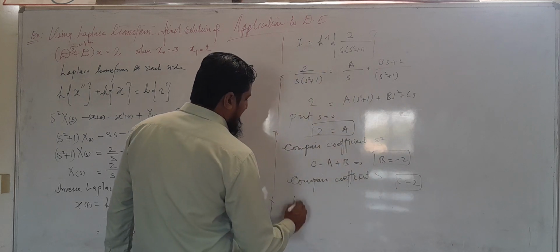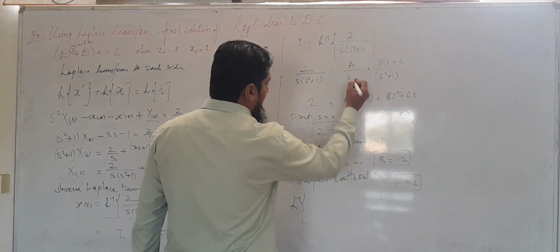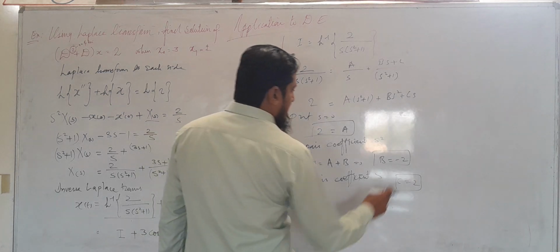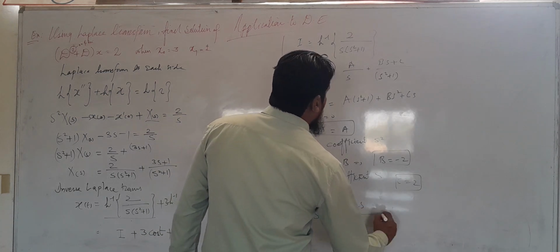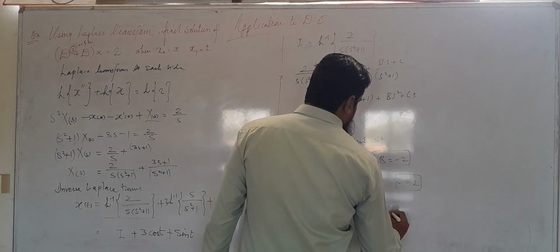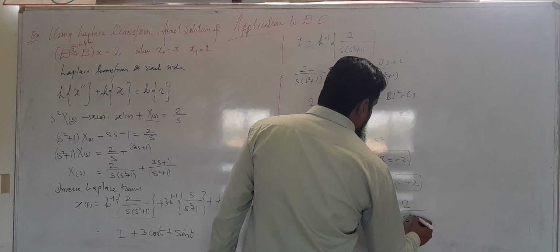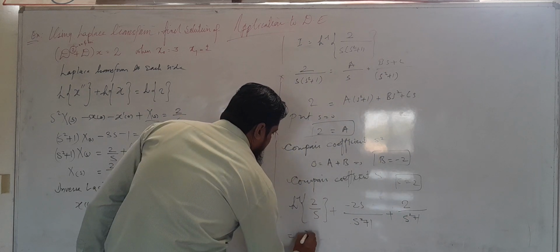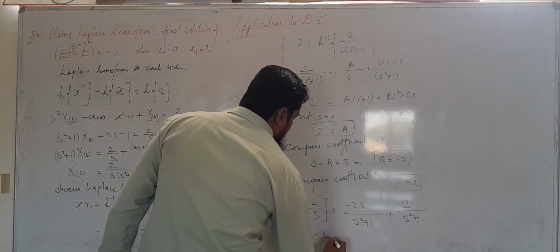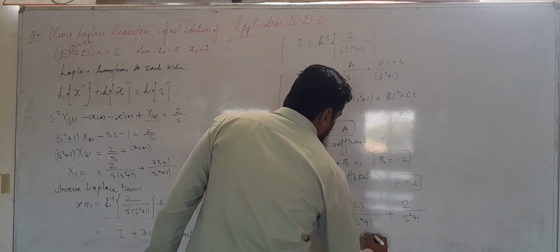So inverse Laplace transform of 2 upon s plus minus 2s upon s square plus 1 will give us 2 into 1 as it is, minus 2 cos t.